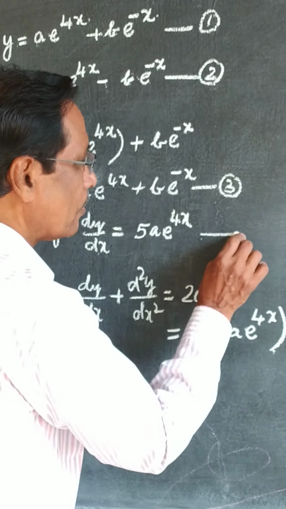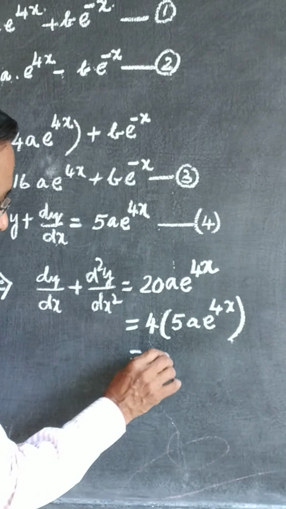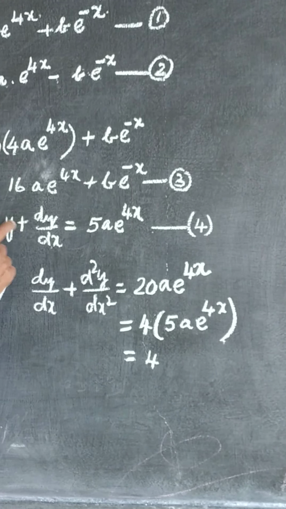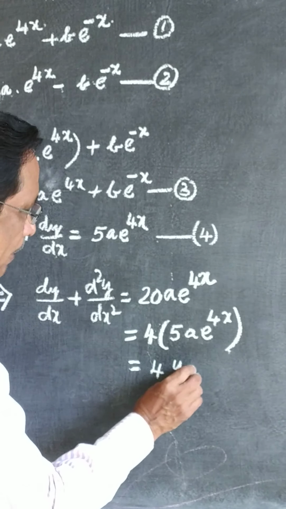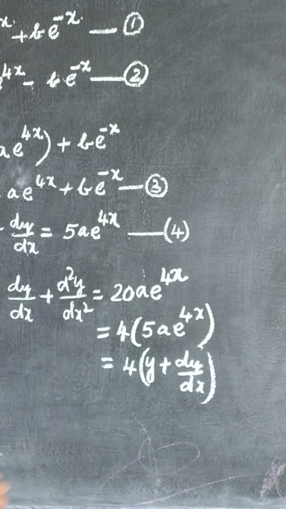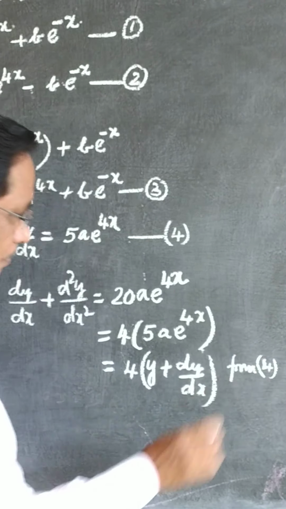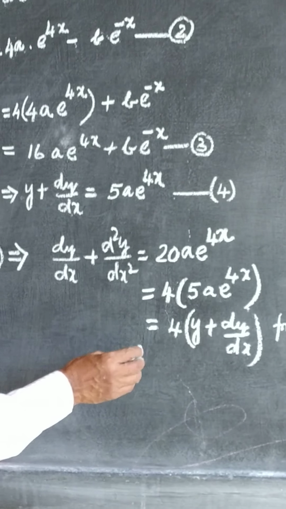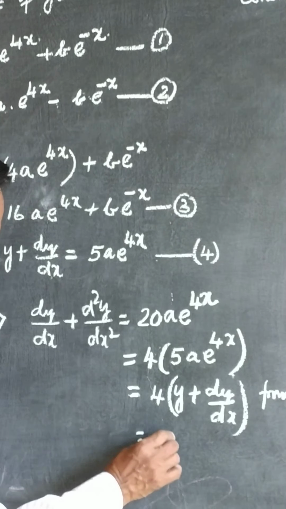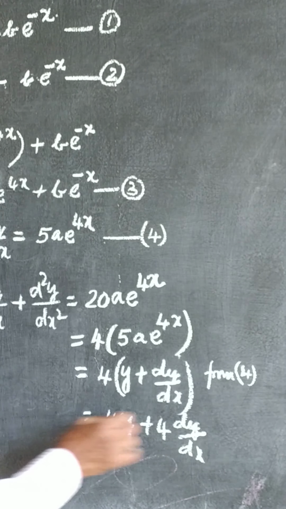That is, you can represent this as 4 into y plus dy by dx. From equation 4, I can write this as 4y plus 4 into dy by dx. Take all these things to one side.